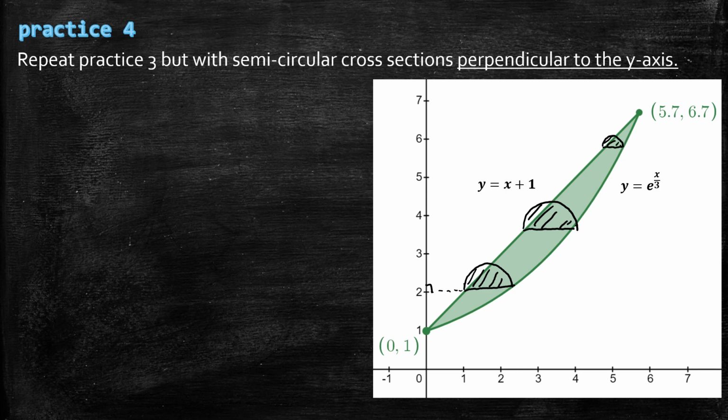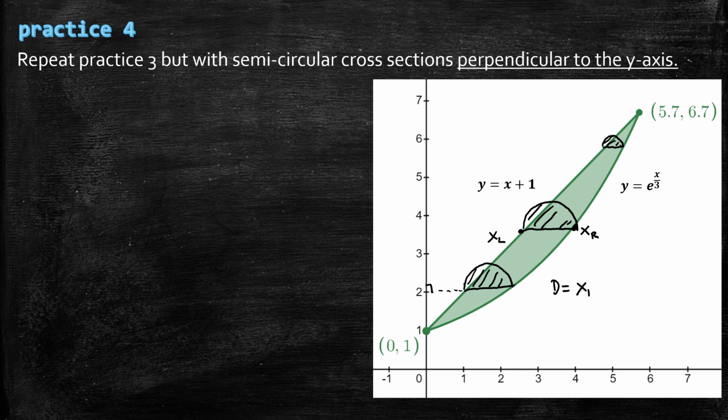So this changes things up a little, because if we now think about what the diameter of any one of those cross sections is, to find the diameter, we'd actually have to take the x-coordinate of this side. Let's call that the right-hand function, xr. And we'd have to subtract out the x-coordinate of the function on the left.